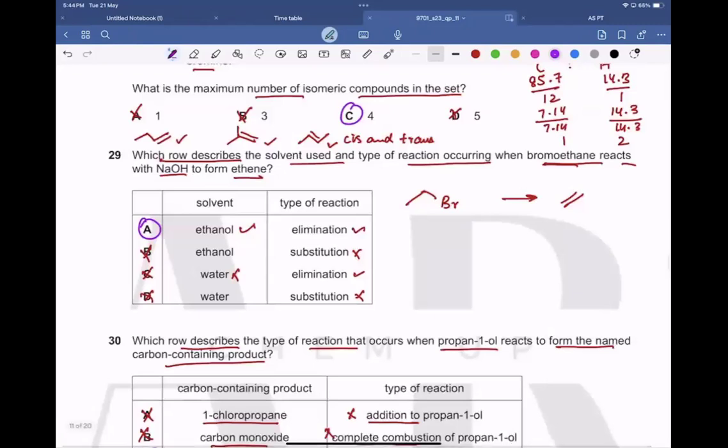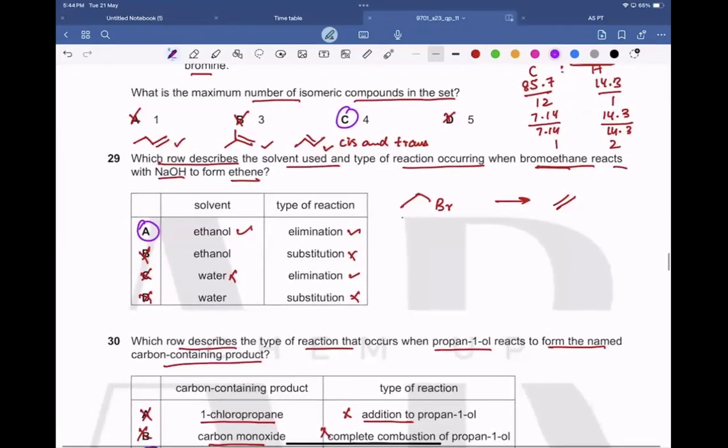A is the correct answer, because bromoethane turning into ethene is an elimination. And for elimination, we use sodium hydroxide in ethanol, not in water, because when we use sodium hydroxide in water, substitution occurs. From bromoethane, we got ethanol, not alkene.